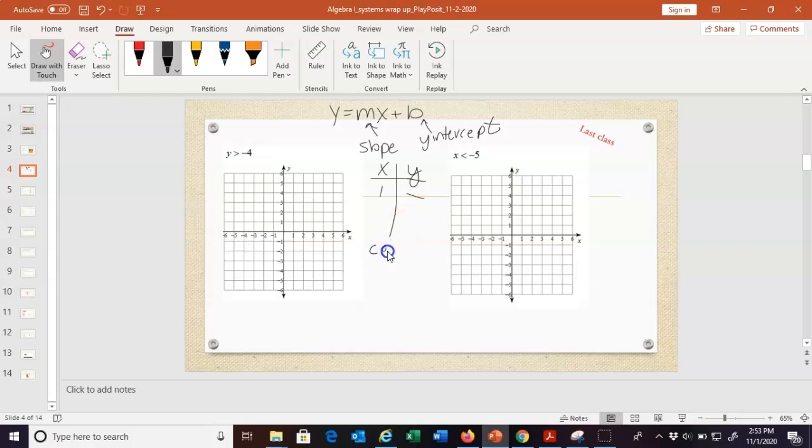Or we can also use the calculator. We can also use intercepts. Remember we talked about intercepts where the y-intercept is when x = 0, and the x-intercept is when y = 0. So we have these 4 different ways to graph lines.